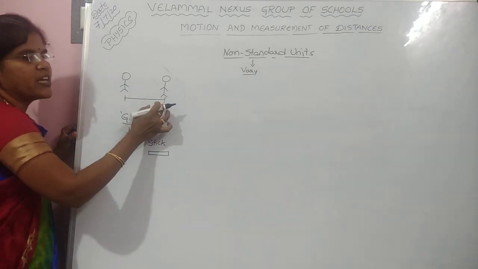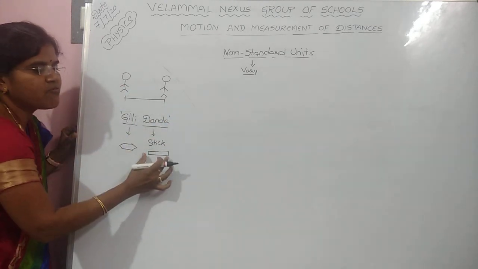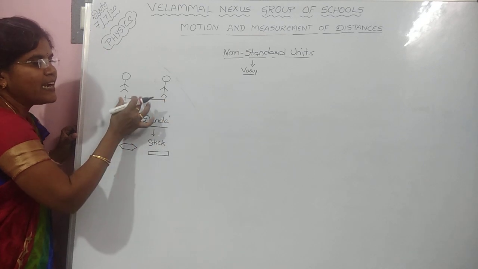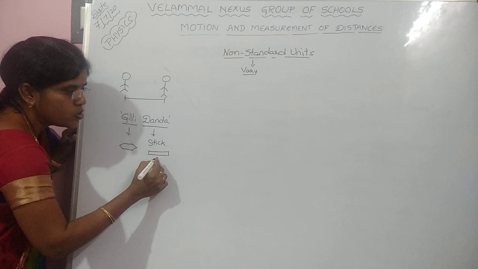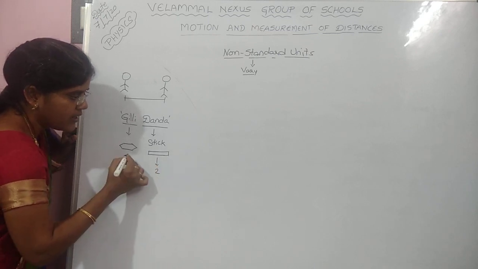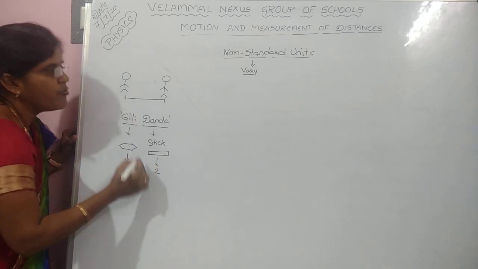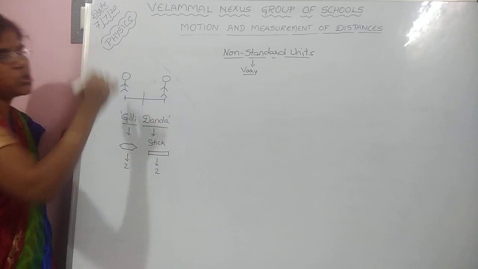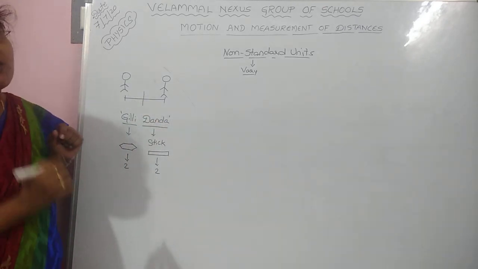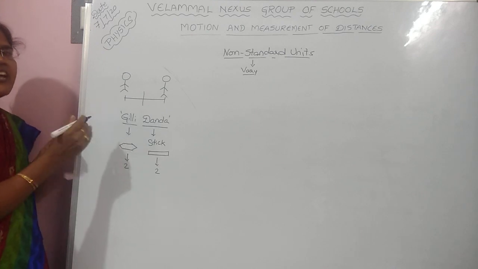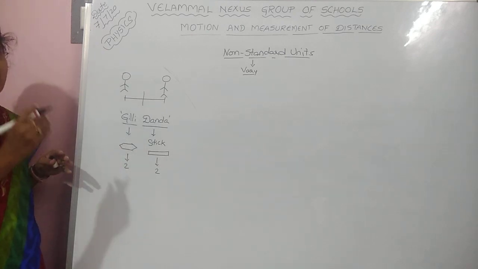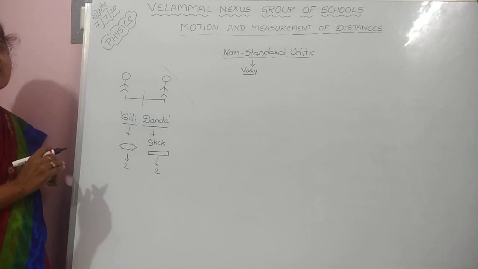So these two children took Danda and Gilli to measure the length of the bench. They got 2 Danda and 2 Gilli measurement, where they equally shared the bench. Next day, they started measuring the same way to sit there. But they lost their old Gilli Danda.